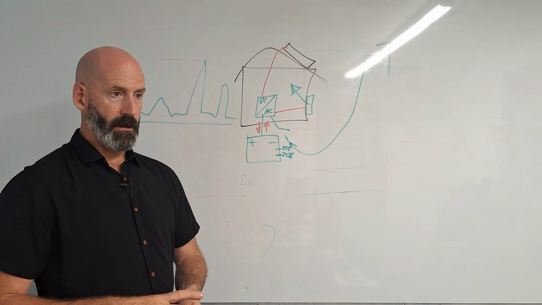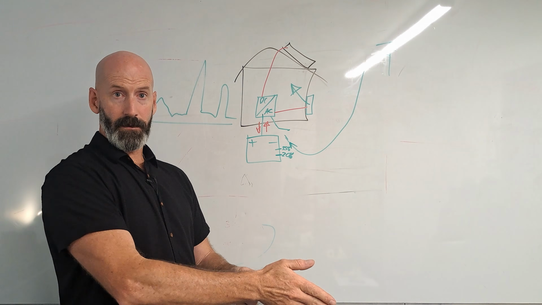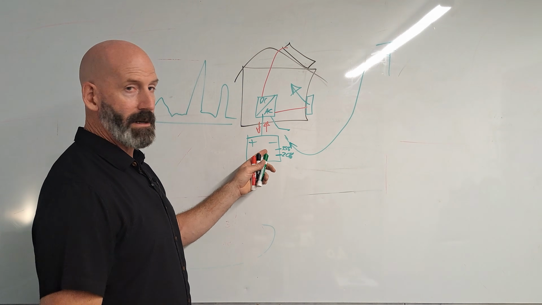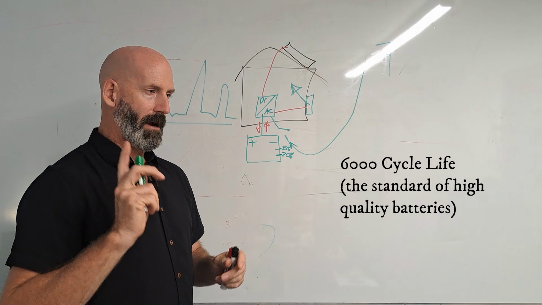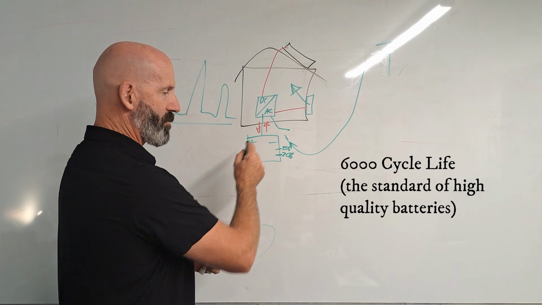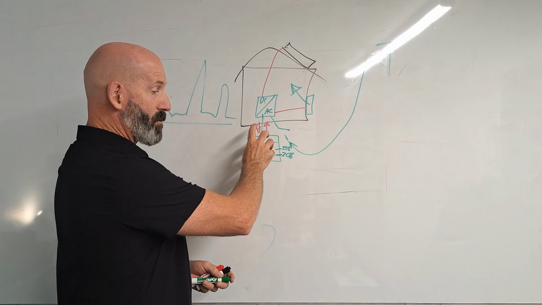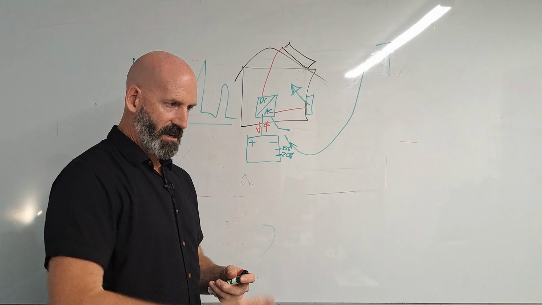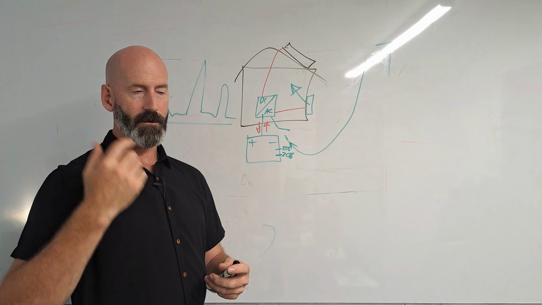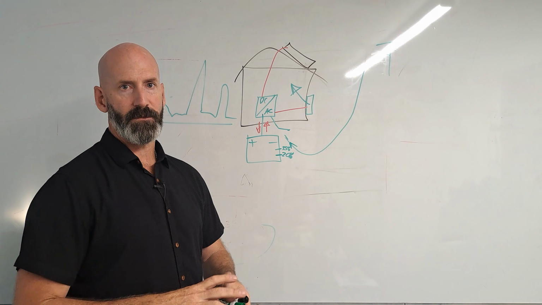So that's like going idle, 100% and back to idle. And we need this battery to do that 6,000 times without having a failure. There aren't many batteries that are going to do that. So what happens with a cheaper battery is that thump, thump, thump of full voltage, nothing, or full current, nothing, full current, can cause cell collapse.